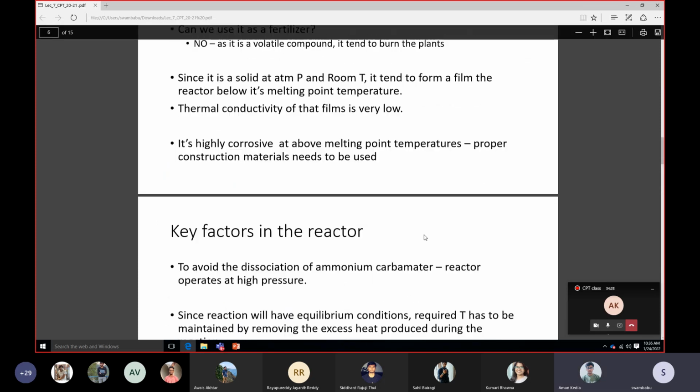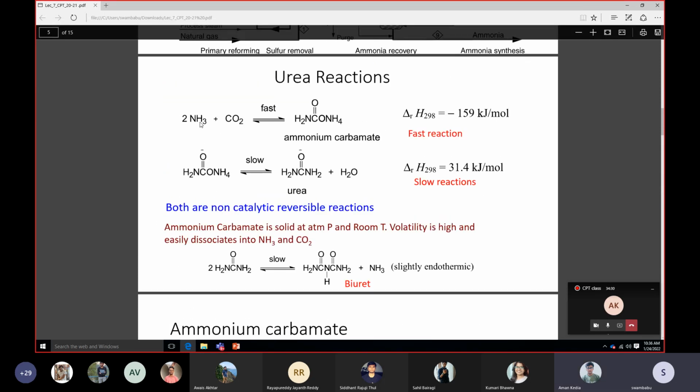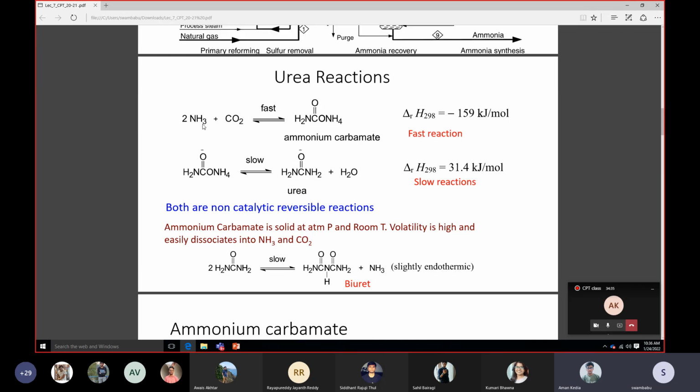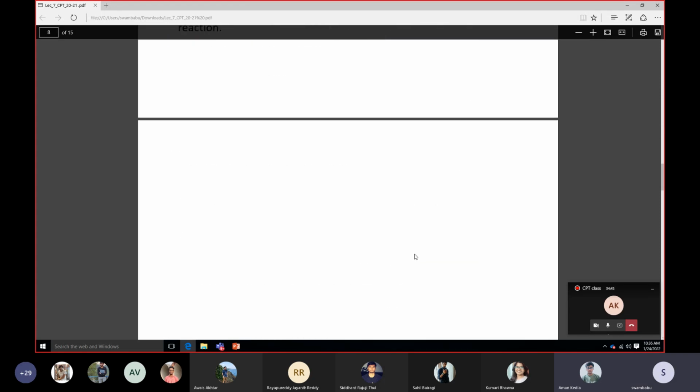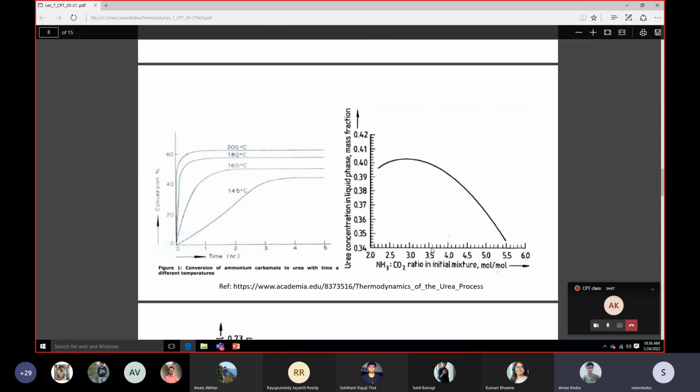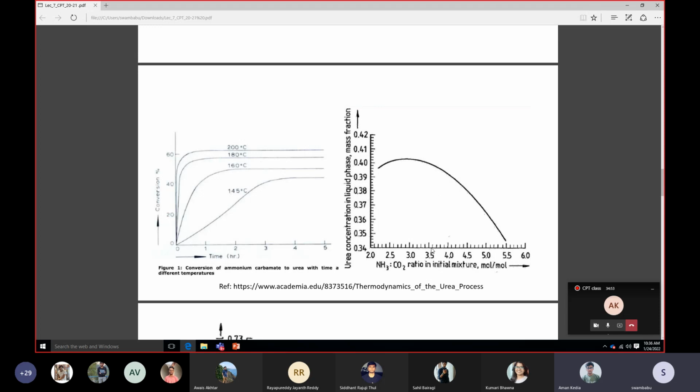The reason is, if I maintain ammonia in excess, I can avoid the backward reaction. Also, I can avoid the biuret formation. So that is the reason. We input more ammonia than the stoichiometrically required ammonia.